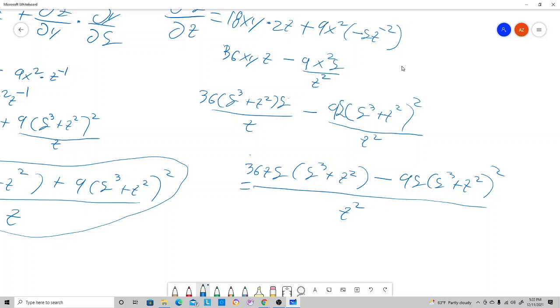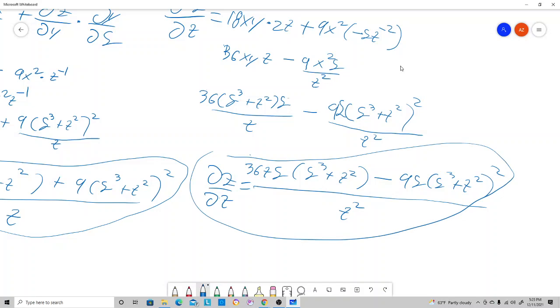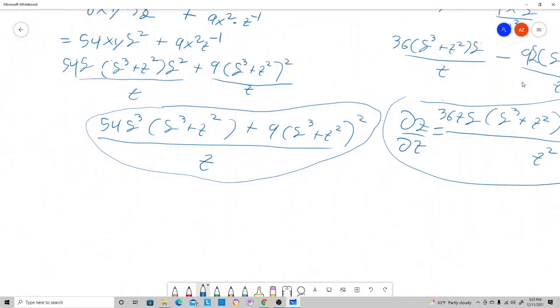Then that became our partial of z with respect to t, and this one became the partial of z with respect to s.